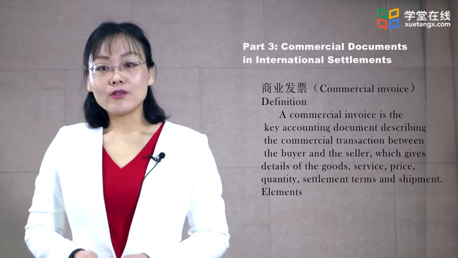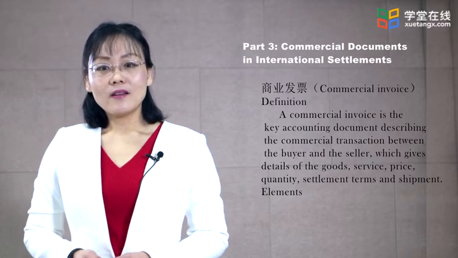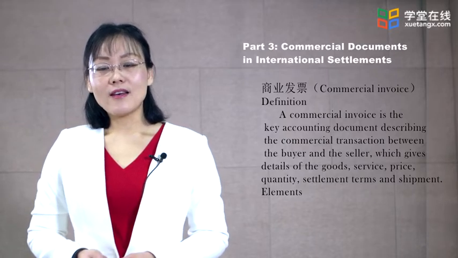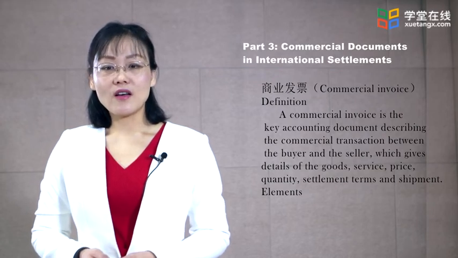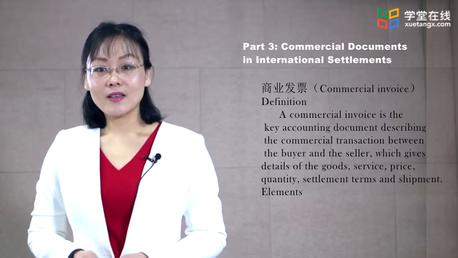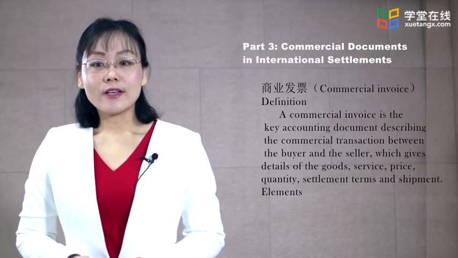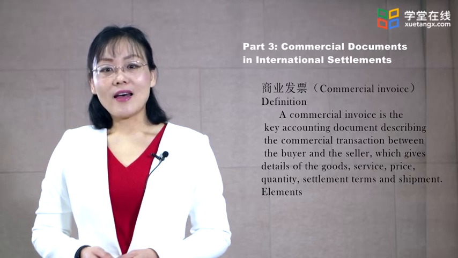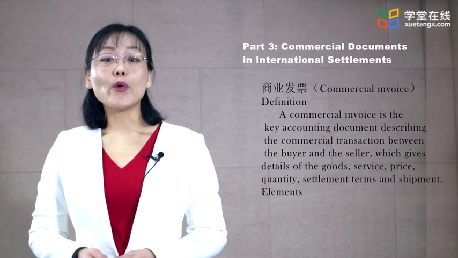It should include the following items: the name and addresses of the importer and exporter, descriptions of goods and shipping details. Commercial invoice needn't be signed unless the sales contract or letter of credit requires.